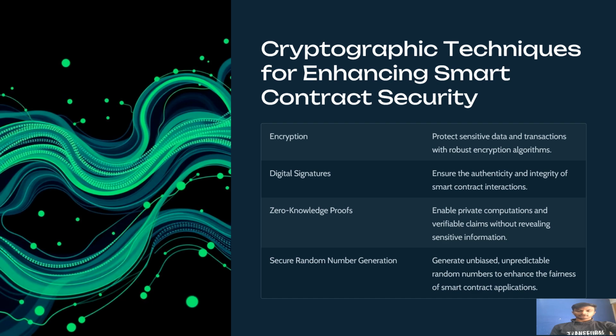With digital signatures, we can ensure the authenticity and integrity of smart contract interactions. Zero-knowledge proofs enable private computations and verifiable claims without revealing sensitive information. Next is secure random number generation: we can generate unbiased, unpredictable random numbers to enhance smart contract applications. Thank you.